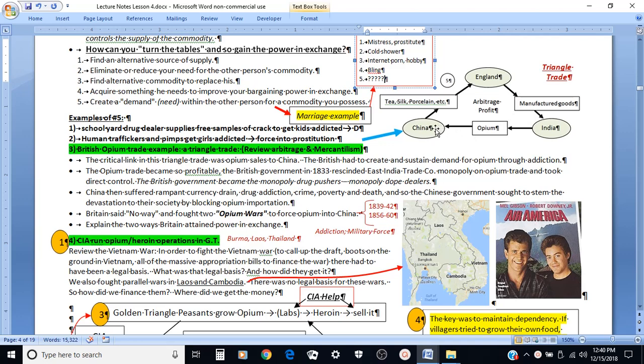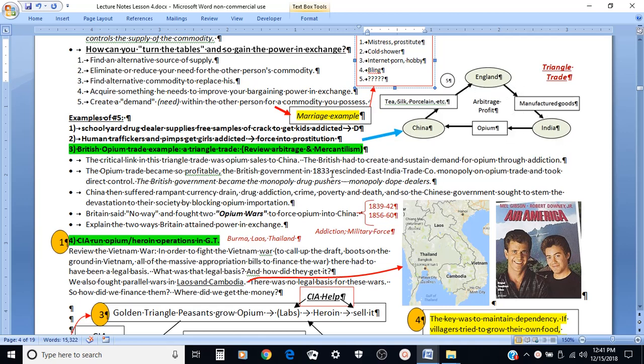And with that profit, they would purchase tea, silks, porcelains, incense, and perfumes and whatever they get from China, and then they ship that back to England or other European markets and sell for a profit. Okay. Now in this triangle trade, they make a profit, profit, profit.